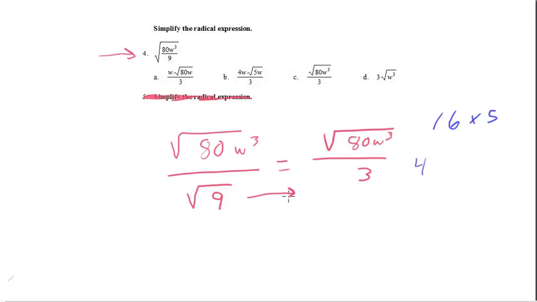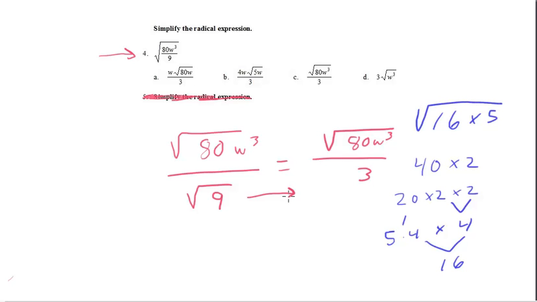It can be 40 times 2. No perfect squares there, but this could be 20 times 2 times 2. Well, there's a perfect square, which is 4. Also 20 could be 5 times 4 times 4. And there's my 16, which is a perfect square. So I'd have the square root of 16 times 5. I haven't worried about this w yet. I'll get to that in just a second.